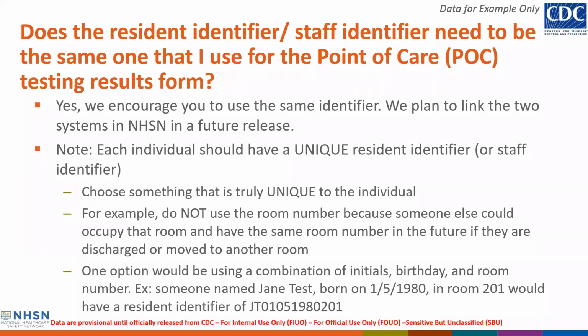And we do plan to link the two systems within NHSN in a future release. So you'll be able to select an ID that you've already entered in one form or the other as you're updating the vaccination form or as you're entering a new POC test result. So it's important that as early as possible, you start using the same identifiers.